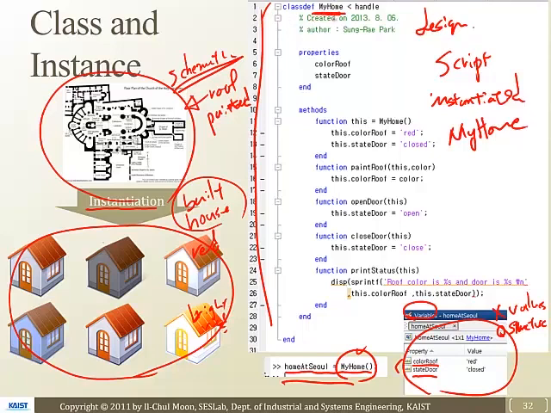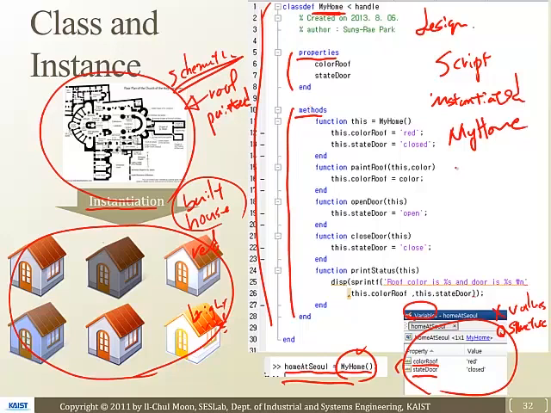See the camel casing here, my home, right? The class consists of two parts. First, properties, and second, methods. Properties are the data, static, and methods are dynamic, the operations, right?